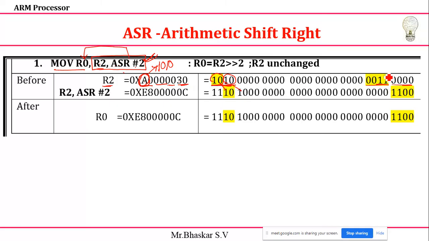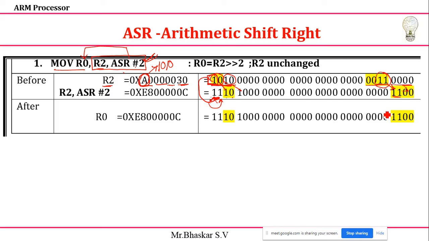Similarly, if 1 is there, the bits shift to the right side. Everything is shifted right, and padding I need to do. You can see here my MSB value, in my source register, is 1. Because of this 1, the padding values, how many bits do I need? 2. These 2 values I need to fill with 1 1 only. I'll get 1 1. Next 1 0.